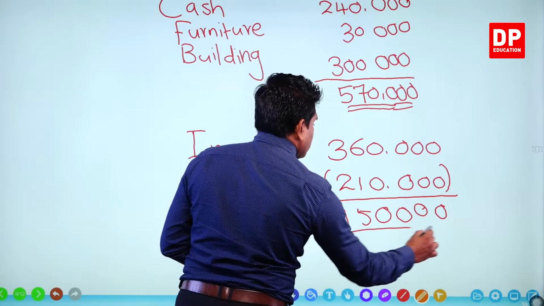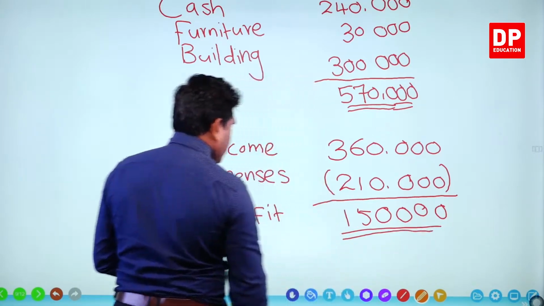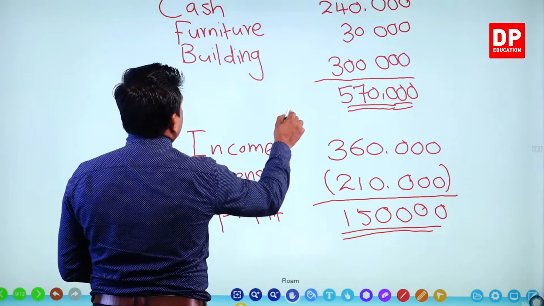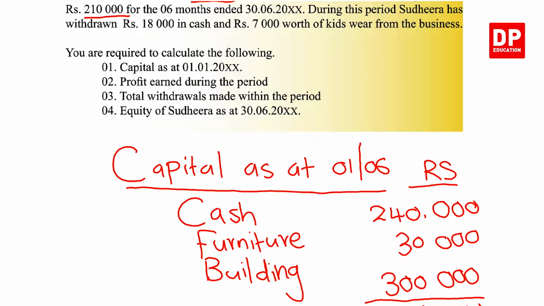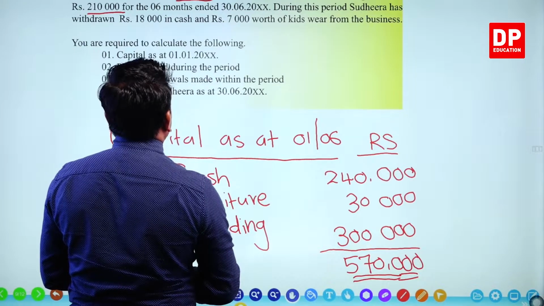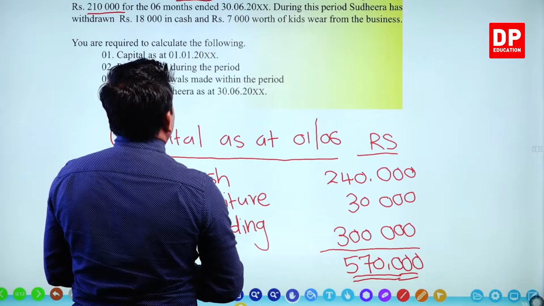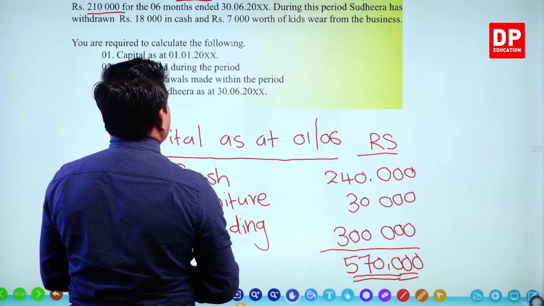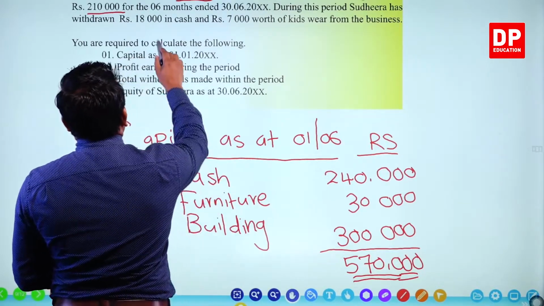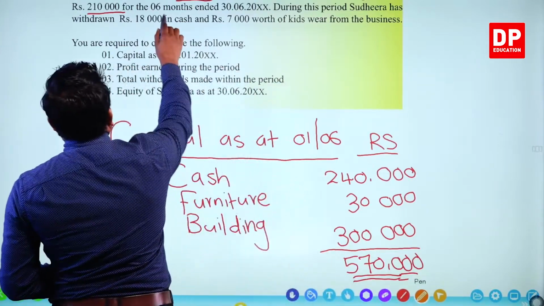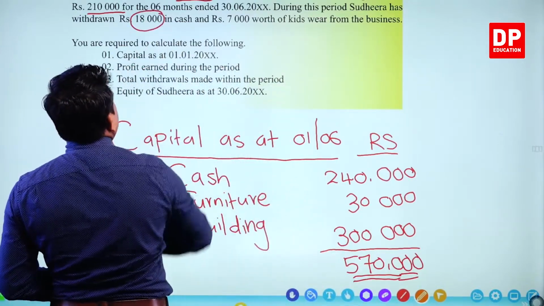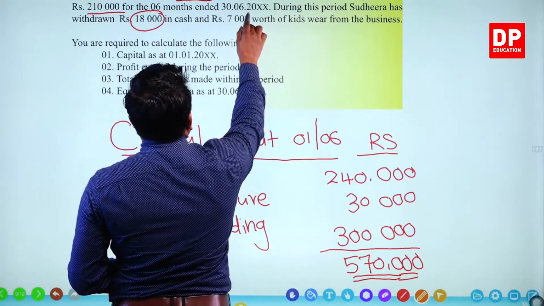Now the second answer also we found. Now we go to the third one. Total withdrawals made within the period. During this period, Sudhira has withdrawn 18,000 in cash and 7,000 worth of kids wear.